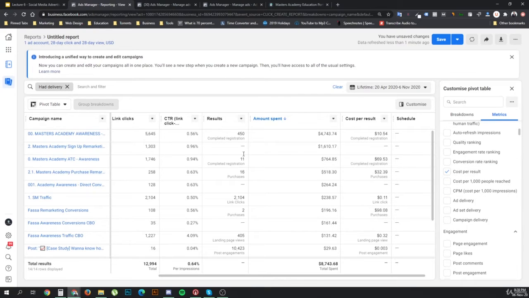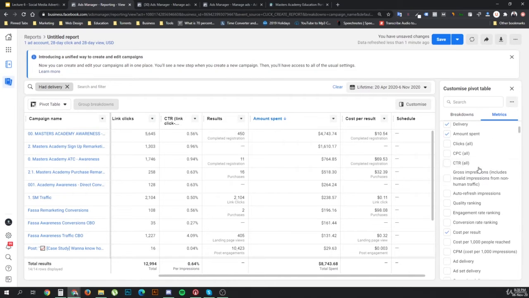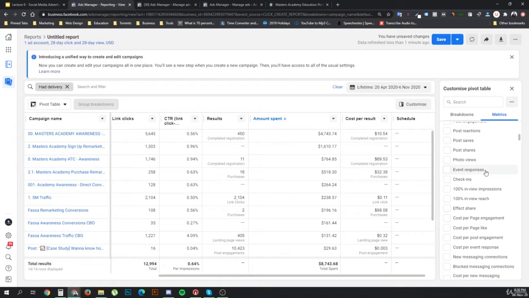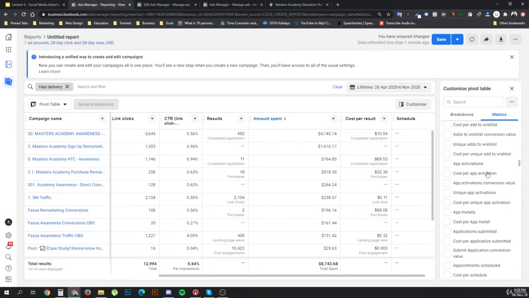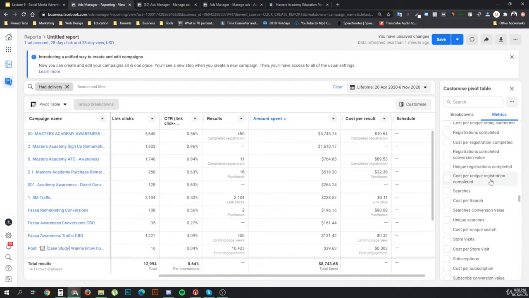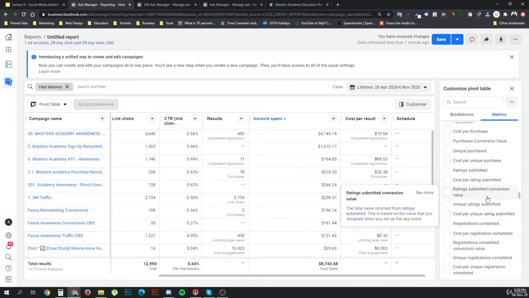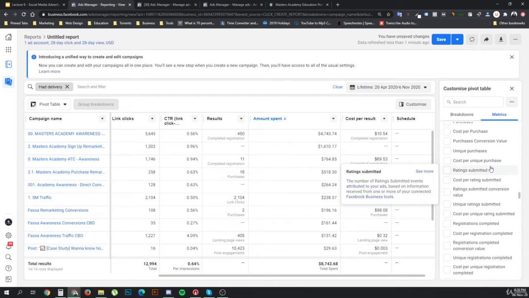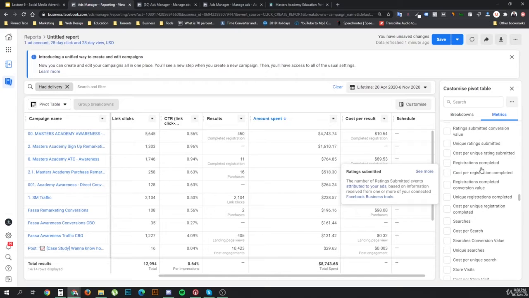In this case, you can do several things. You can do results and cost per result. So let's see where that is. That should be a little bit down here. These follow the same order as the setup in the columns in Ads Manager.